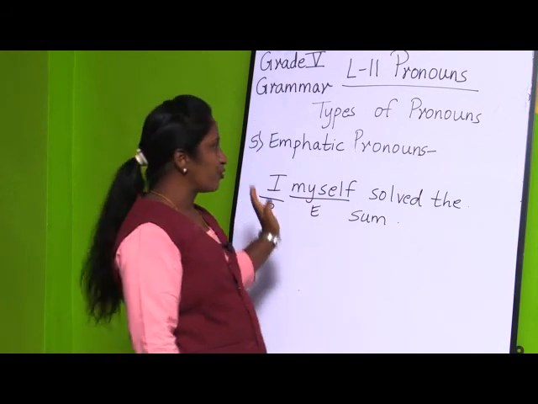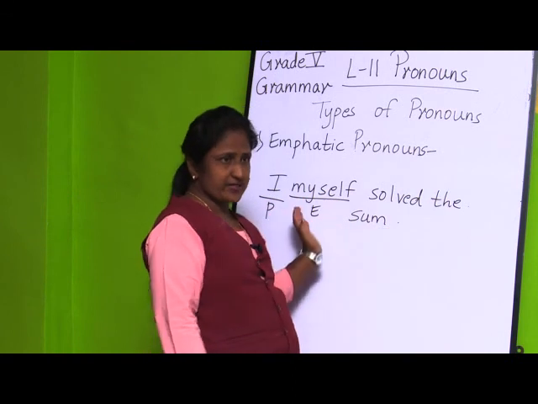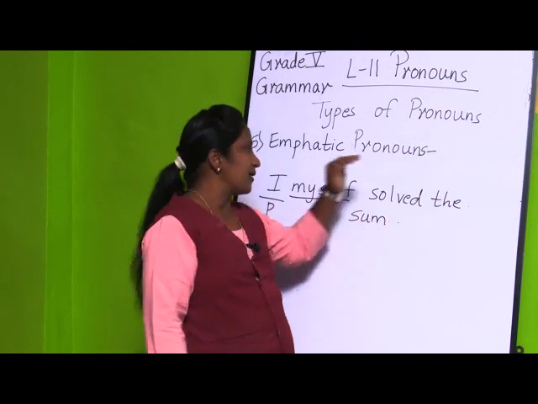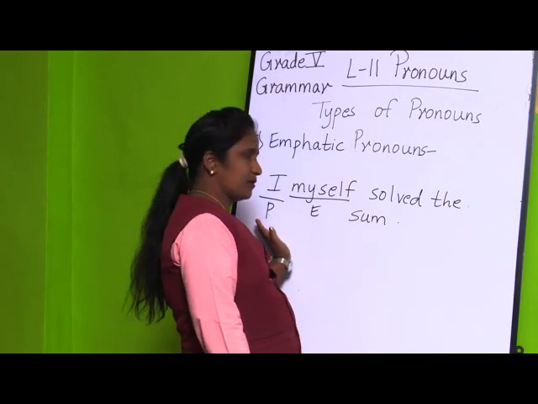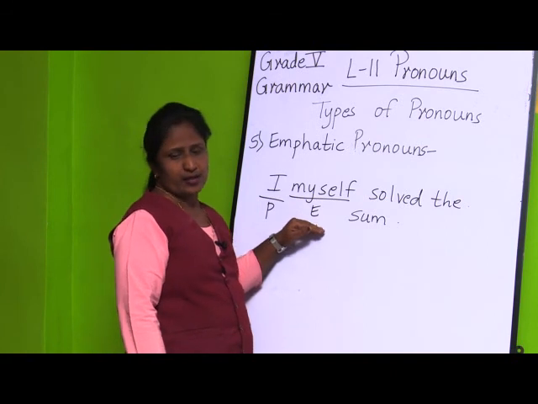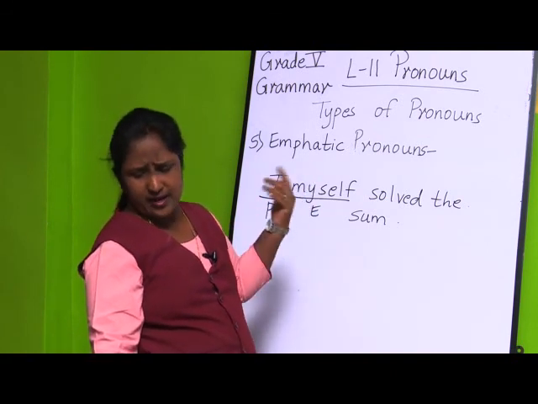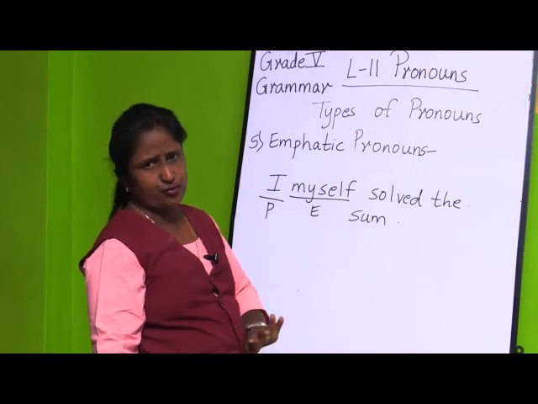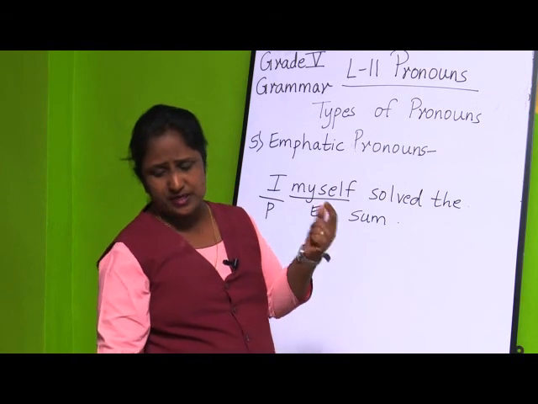In reflexive pronoun, it was at the last, in the place of object. But here the emphatic pronoun comes along with the pronoun or the noun, just to draw attention. And here also the same pronouns are used, like myself, ourselves, yourself, himself, herself.